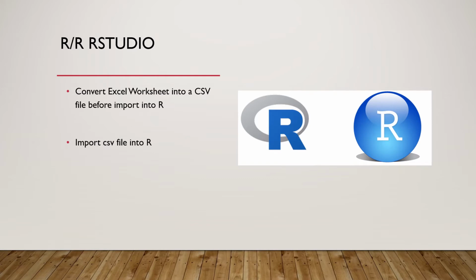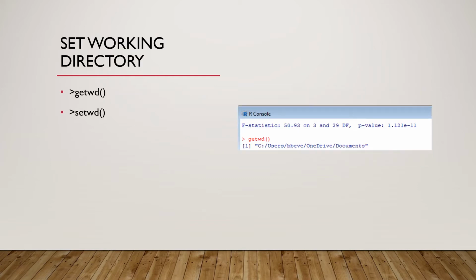To change the location of the file for easier access, you can enter the command setwd parentheses. To see the location of your working directory, you can enter the command getwd parentheses and your file location for your working directory will appear.